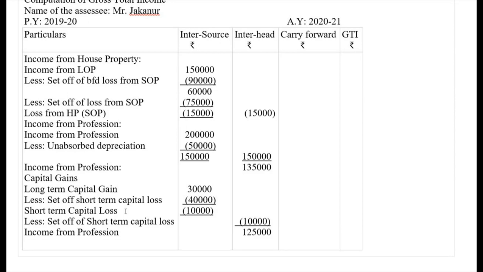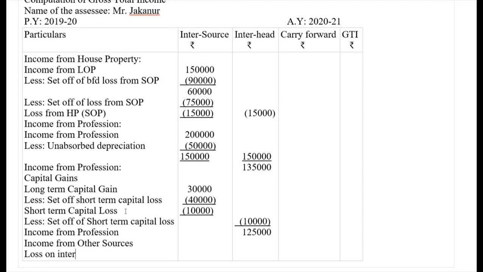So now the next head here is income from other sources. Here first we shall take the loss on interest on securities set off. So against this 1,25,000 we can make adjustment of this loss of rupees 25,000.